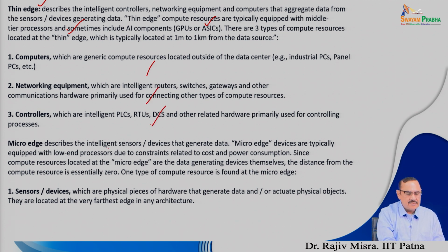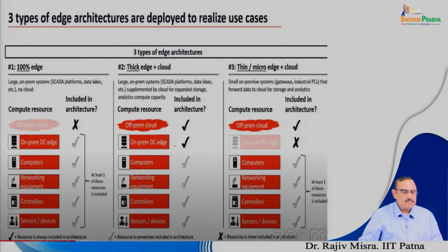Micro edge describes the intelligent sensors and devices. Micro edge devices are typically equipped with low power processors and are constrained, so they are also called constrained devices. They are the sensors and the devices.